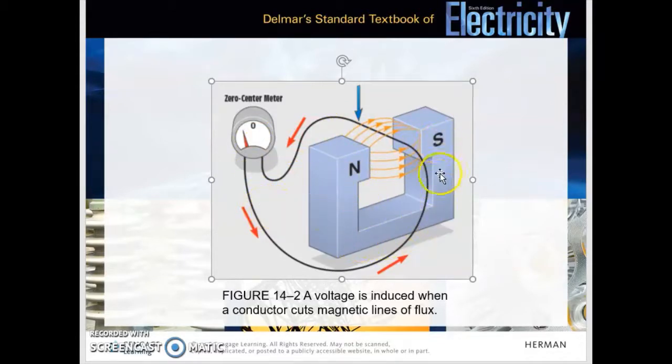However, we have a magnet here with the north and the south pole, and what this arrow is showing is that the conductor itself is physically moving inside of this magnetic field. In this case, it's moving down through the magnetic field, and this induces a voltage onto that conductor, shown on our zero center meter here. It's giving a negative voltage.